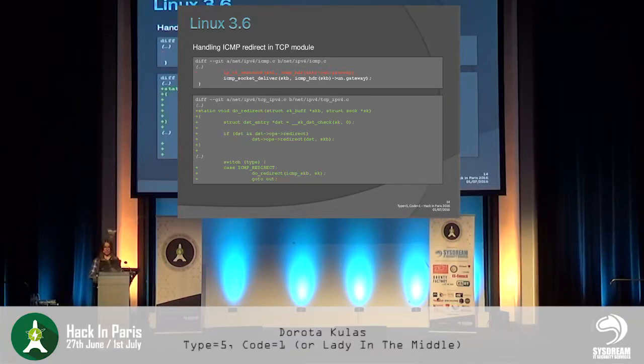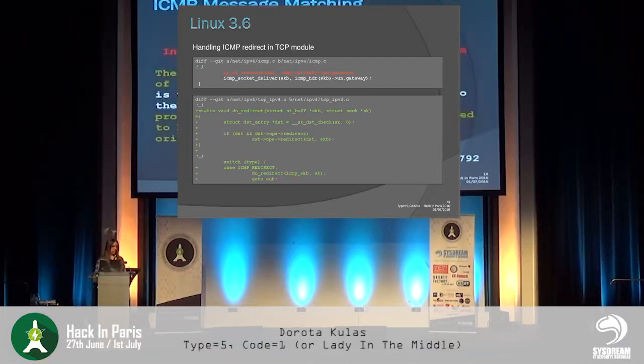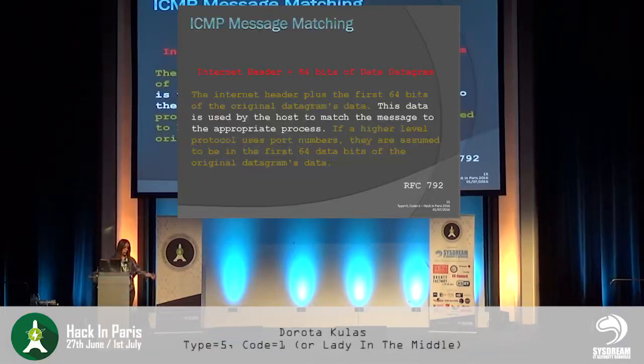So now we know all that stuff. We have to think what to do next. Just to show you again the same information, now they use the internet header plus 8 bytes of the next header to match the ICMP redirect.